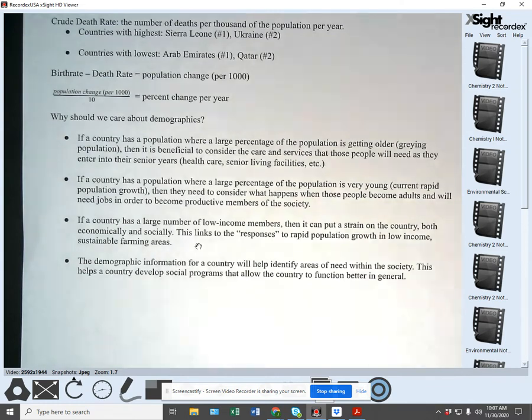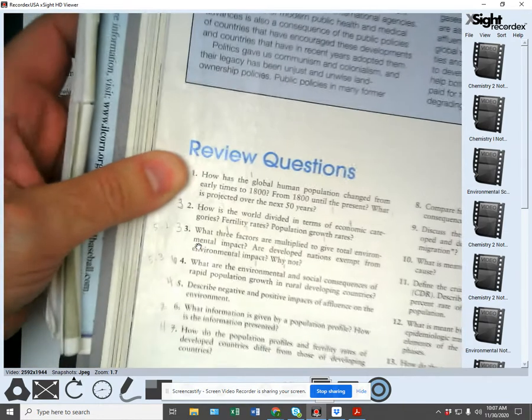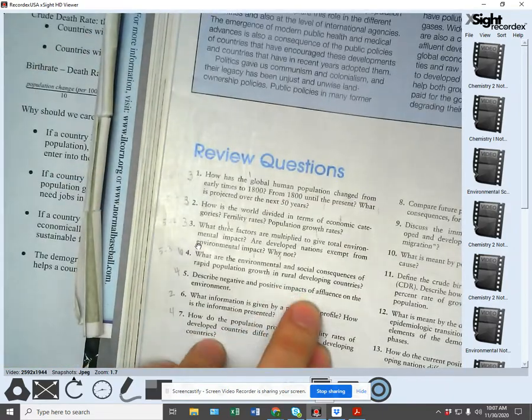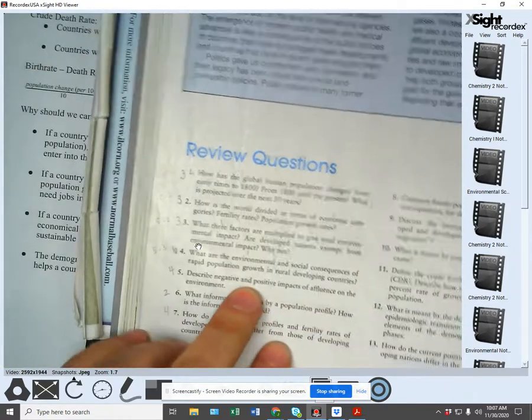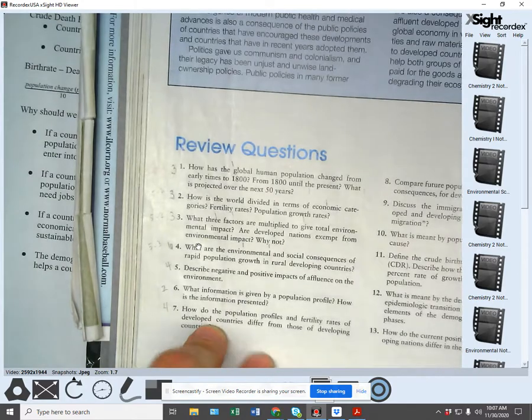Hopefully that will help you with the homework. The homework is page 140, numbers 5, 6, and 7. Negative and positive impacts of affluence. That is actually from the old notes, the notes we went over before, the 5.3 stuff.